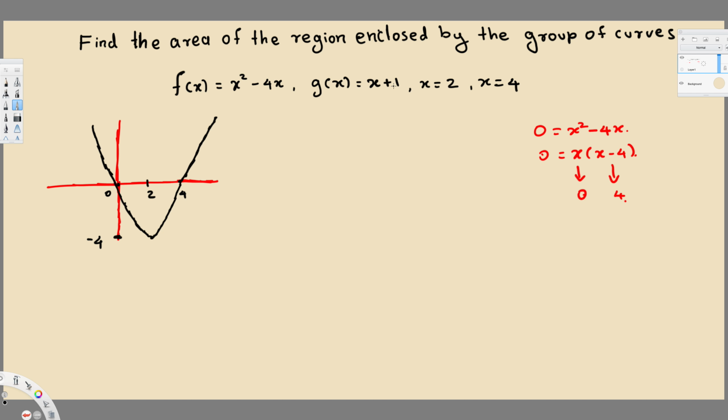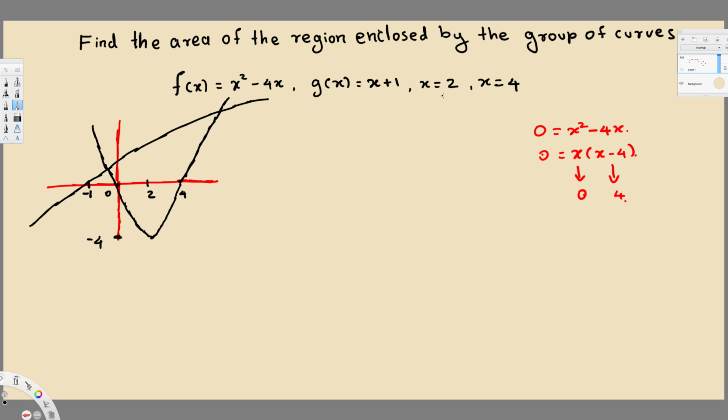Let's look at the second one, that is x plus 1. Let's see what happens when y is equal to 0. When y is equal to 0, x is equal to minus 1. So it means this is crossing at minus 1 right here. This is positive, so it's going in this direction and crossing somewhere, right?